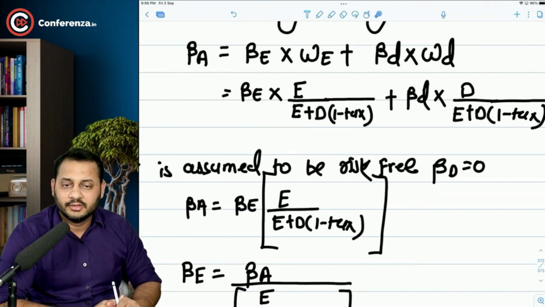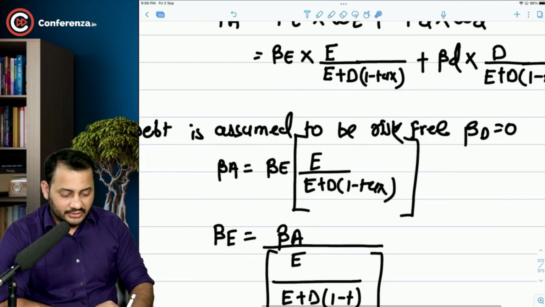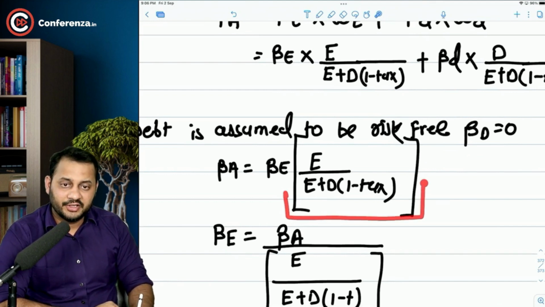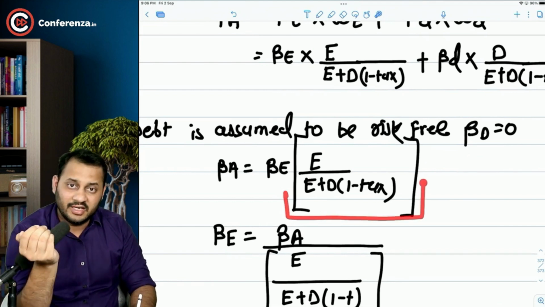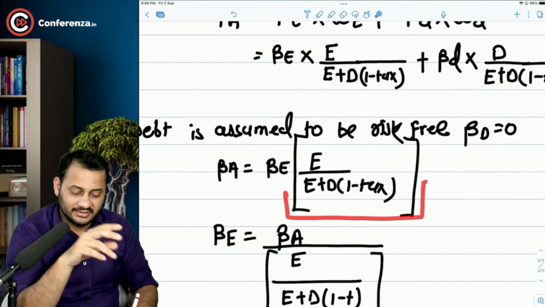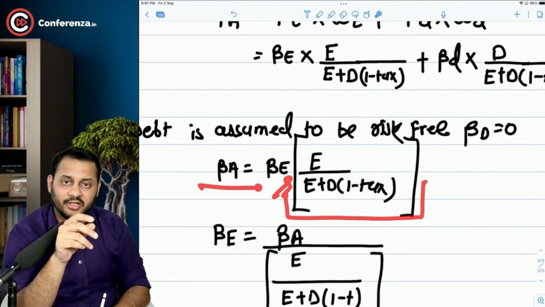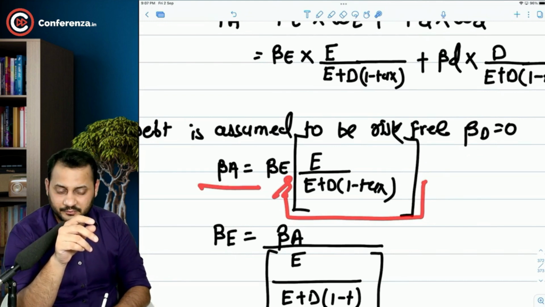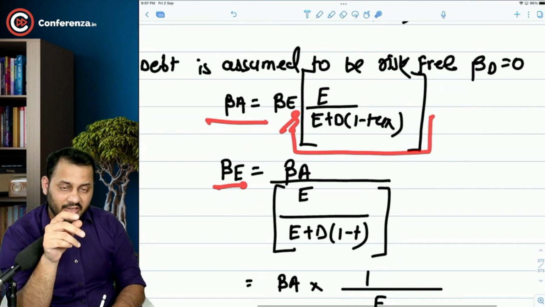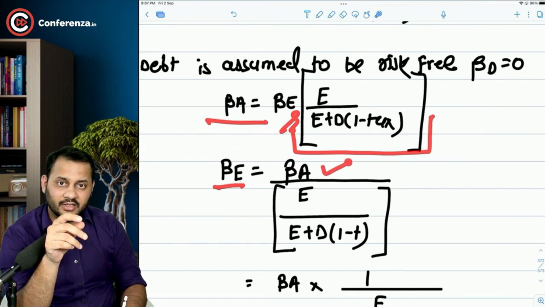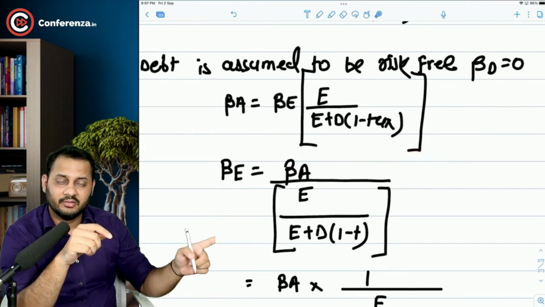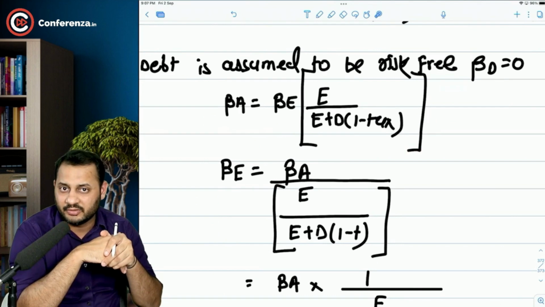Cool. Now what you have to do is transfer this entire equation to the other side, the left hand side. So since this is multiplied here, it will come to the denominator of the beta of the asset. So it will be like equity beta is equal to asset beta divided by E divided by E plus D (1 minus tax).